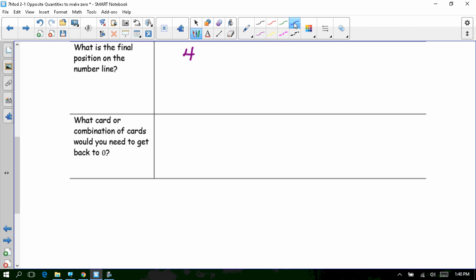Well, I'm going to need a negative 4. Right? Now, it could be 1 card, it could be 2 cards, it could be 3 cards, right? But I need a negative 4 to get back to 0. I don't know how many cards it'll be, but if I can get a negative 4, I can get back there.